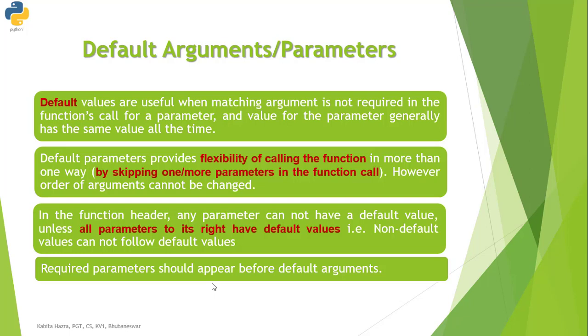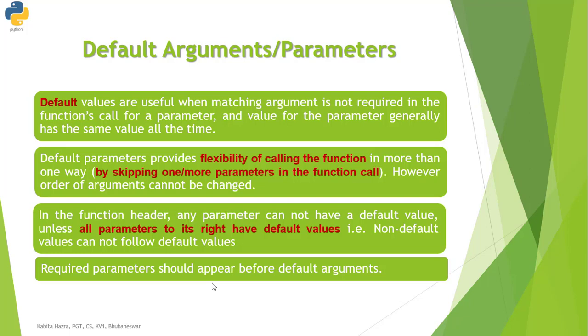But time may be different for different persons, principal may be different for different persons. However, rate of interest will be fixed. So if we want rate to be fixed, then we may simply call the function by passing the two values principal and time, where rate will be used in calculation, but that will take the default value.